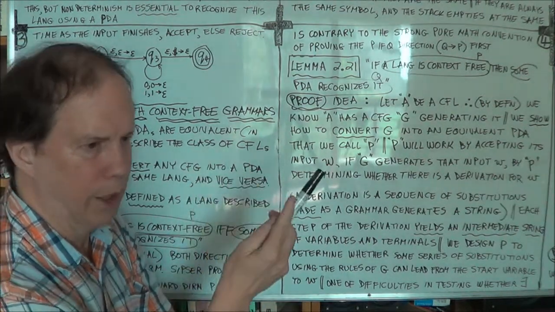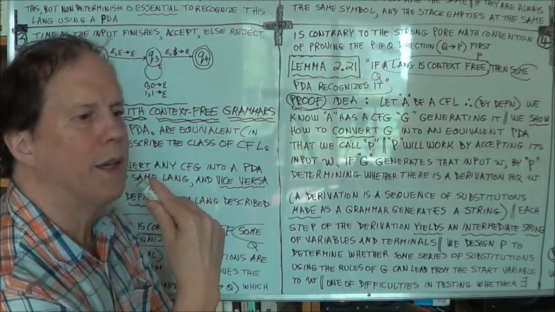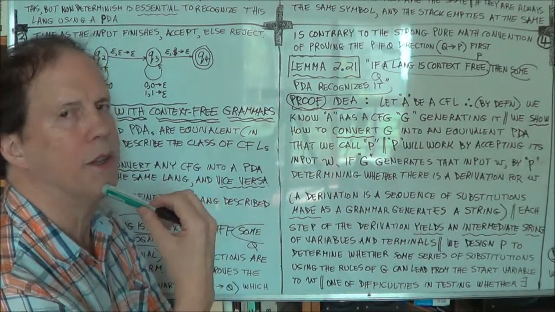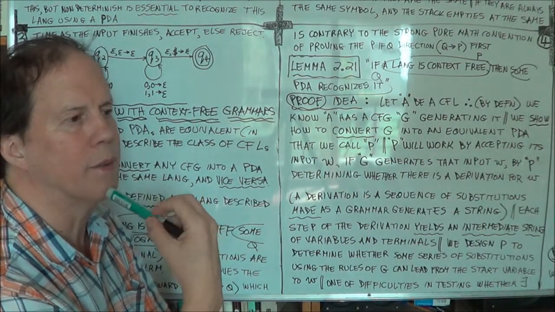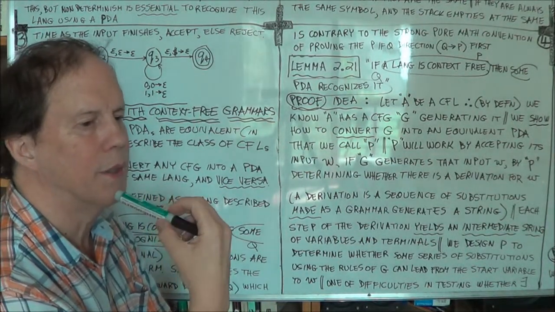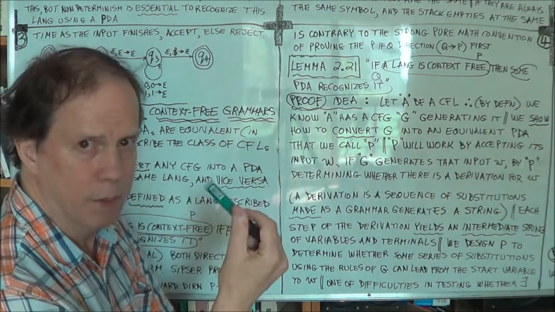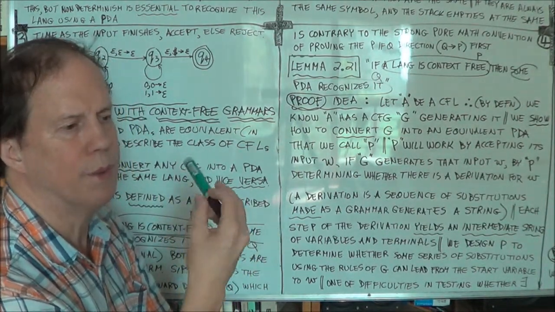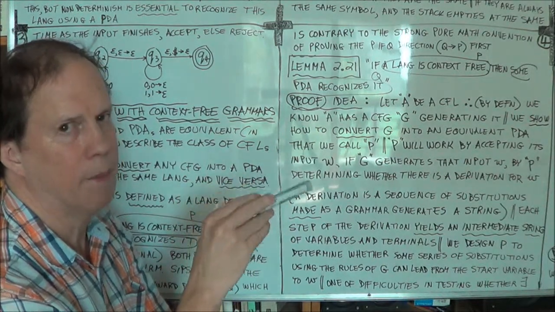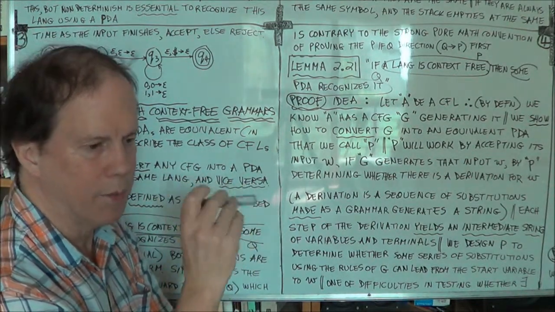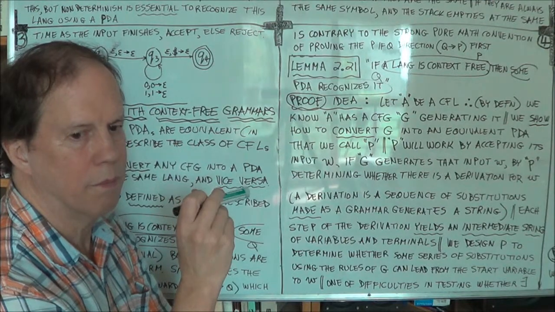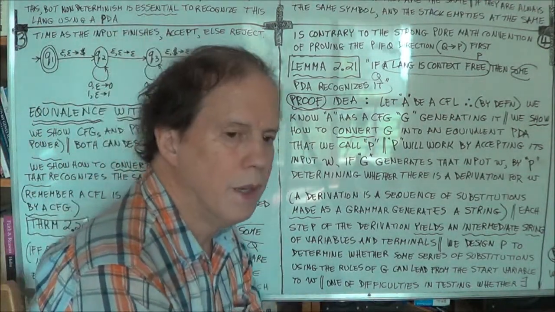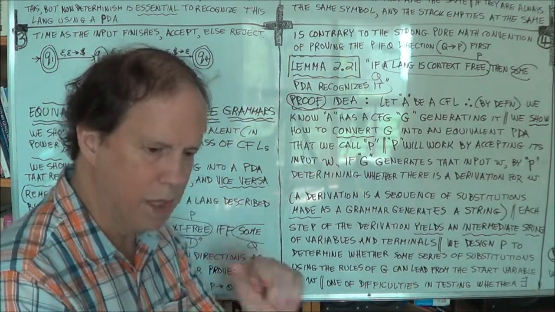Now what's a grammar doing? Well, when you generate a string using a grammar, how do you do it? You do it in steps. You start with the start symbol, capital S, and then you use your substitution rules in your big R to step by step substitute variables in your intermediate string.